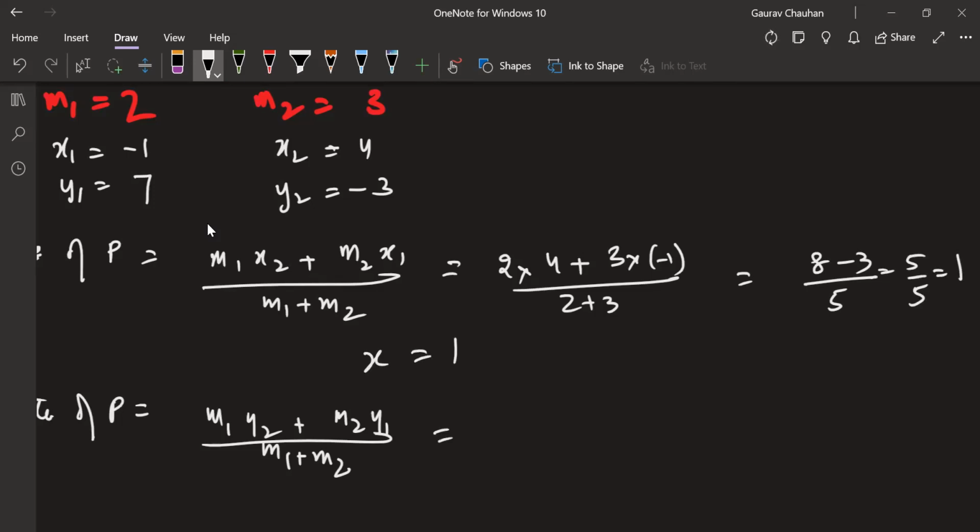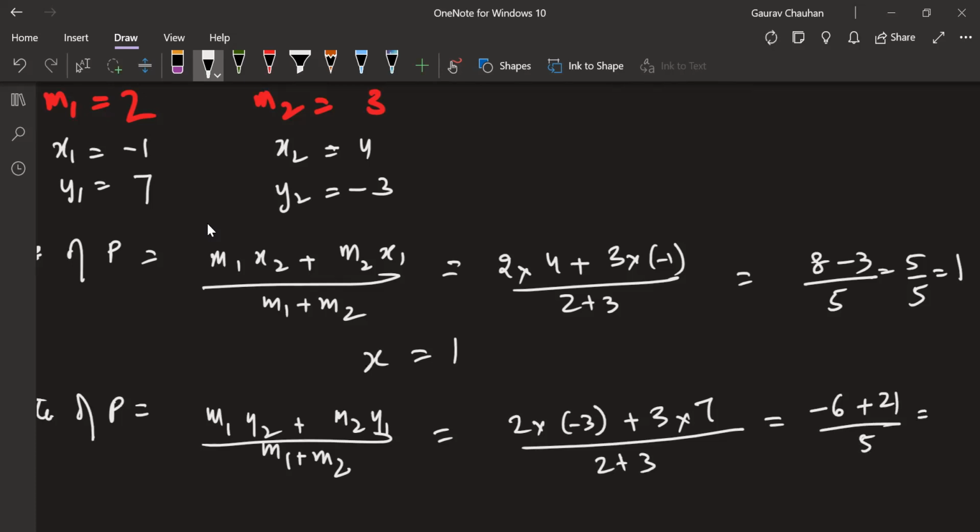And I have m1 is 2 into y2 is -3, plus m2 is 3 into y1 is 7, by m1 plus m2, already we found it's 5, so 2 plus 3. That's equal to 2 into -3 is -6 plus 21 by 5, that's equal to 15 by 5. So y is equal to 3.